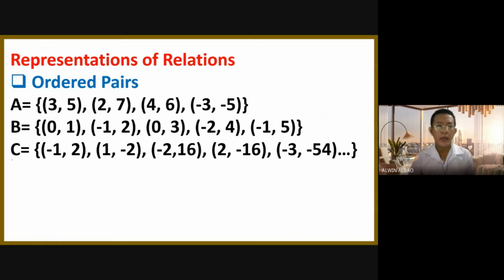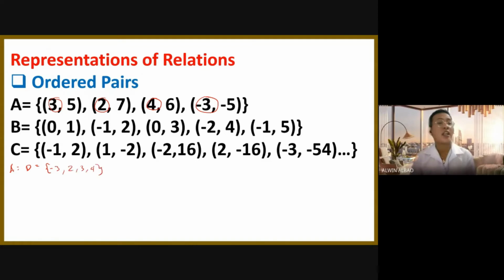Okay, so to find it for set A, what is our domain? Our domain is the first value in each ordered pair. So we have 3, 2, 4, and negative 3. So our domain is negative 3, 2, 3, and 4.